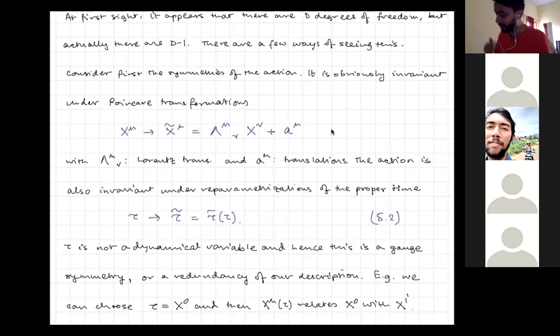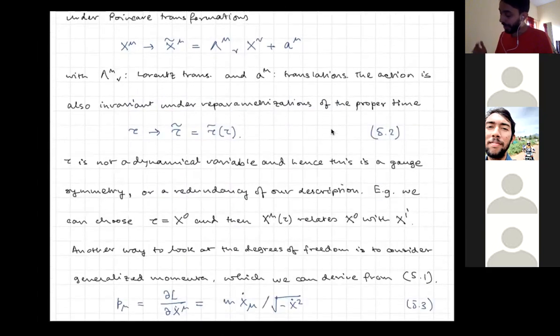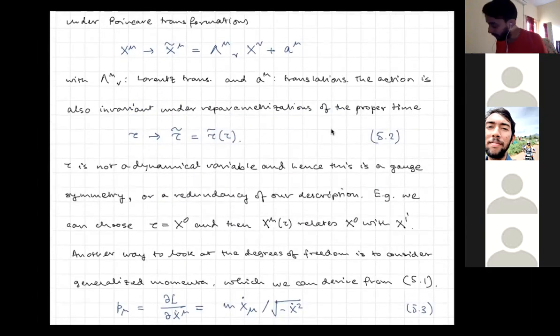So tau is not a dynamical variable. So what we have essentially is a redundancy of our description, which is also known as gauge symmetry.